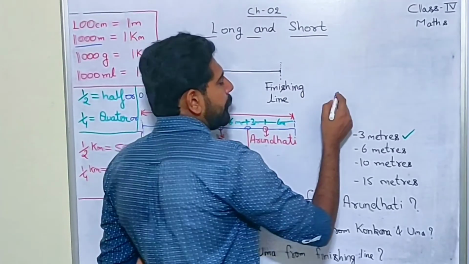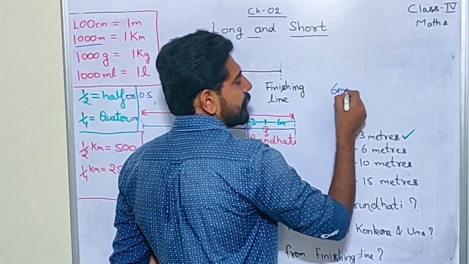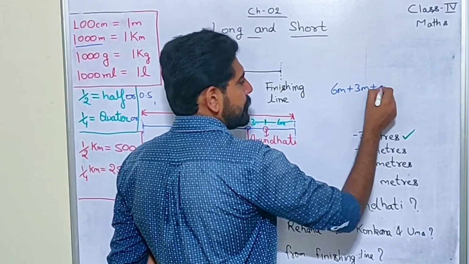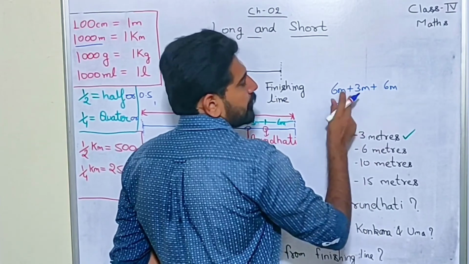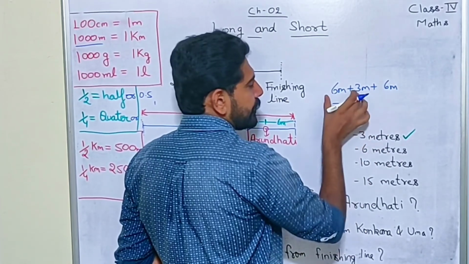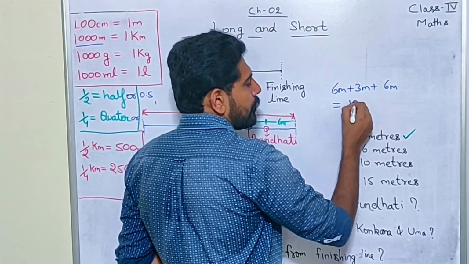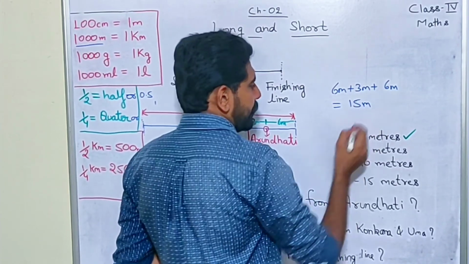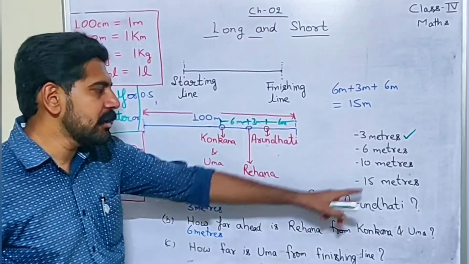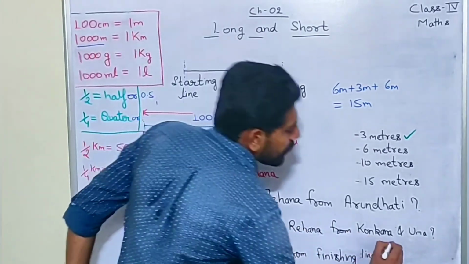What will that be? 6 meters plus 3 meters plus 6 meters. 6 and 3, 9 and 6, 15 meters. What will be our answer? 15 meters.